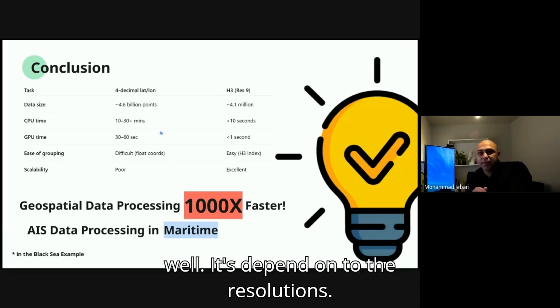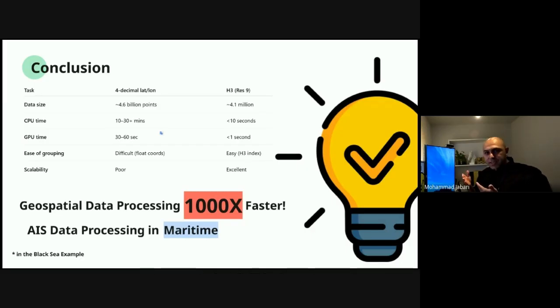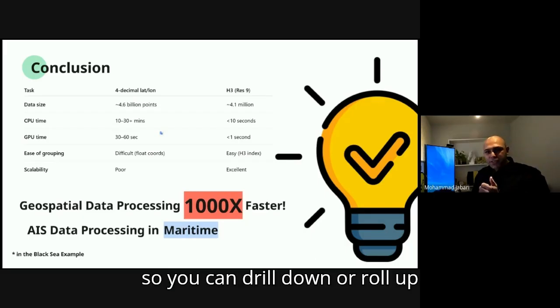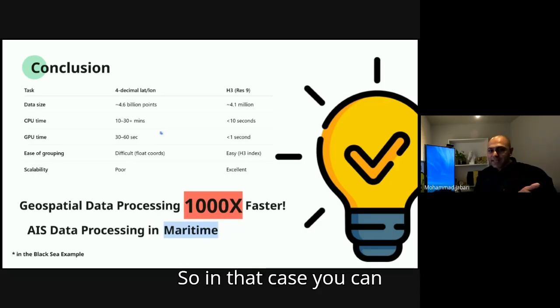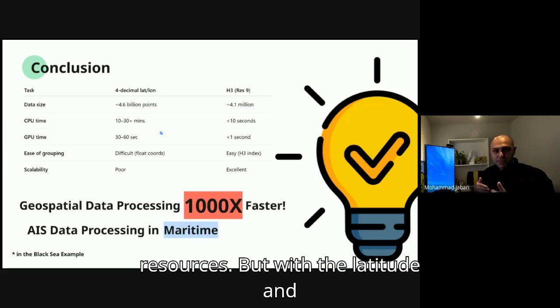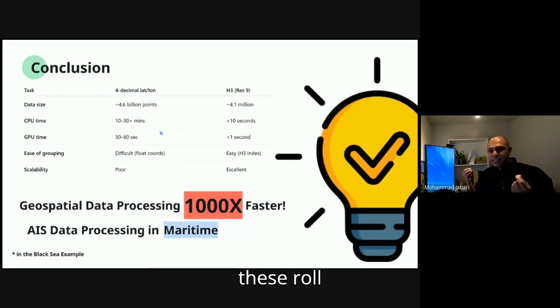It depends on the resolutions, but the good point is that in H3 you have the resolutions, so you can drill down or roll up based on your solutions. In that case you can use different resolutions for saving resources. But with latitude and longitude, you are not facing this roll up or drill down of data.